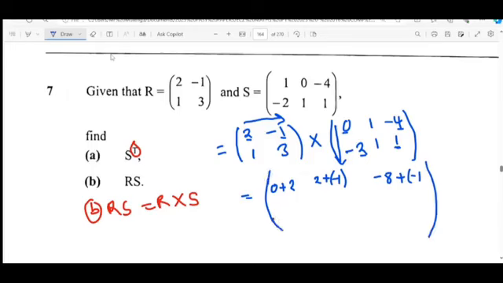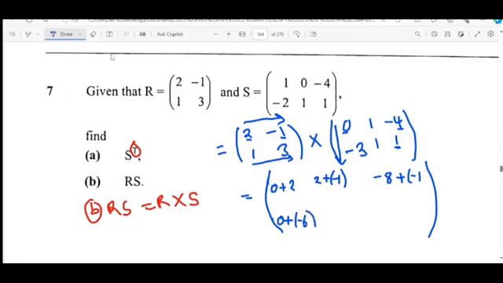Now you come to the other row by column again. 1 times 0 gives 0, then plus 3 times -2 gives -6, in brackets.